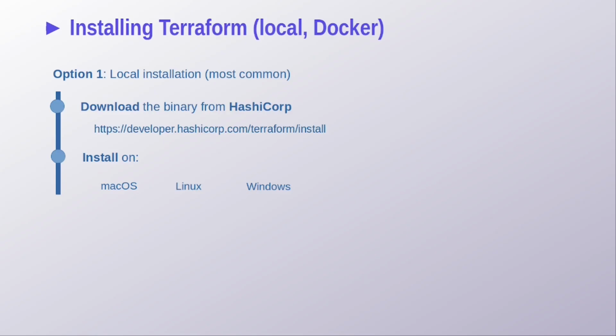Go to the HashiCorp website, download Terraform binary, add it to your system path. Terraform supports macOS, Linux, Windows. This option is great for learning, local experiments, daily DevOps work. If you are a beginner, this is the best choice.